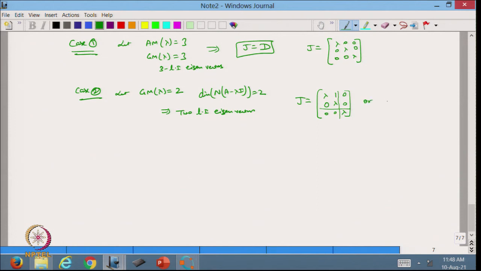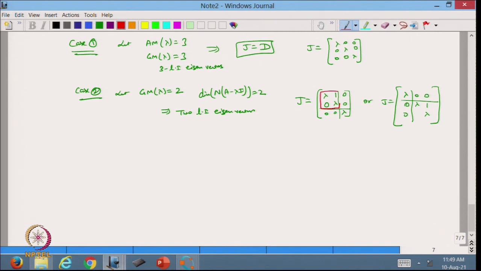This is my Jordan matrix, and this is one of the blocks.